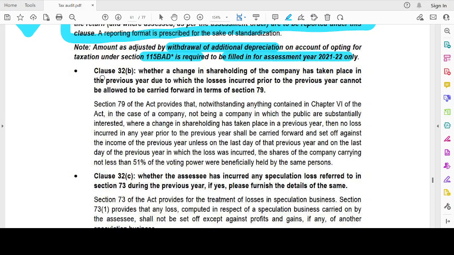Now, clause 32B. Whether a change in the shareholding of the company has taken place in the previous year due to which the losses incurred prior to the previous year cannot be carried forward in terms of section 79.